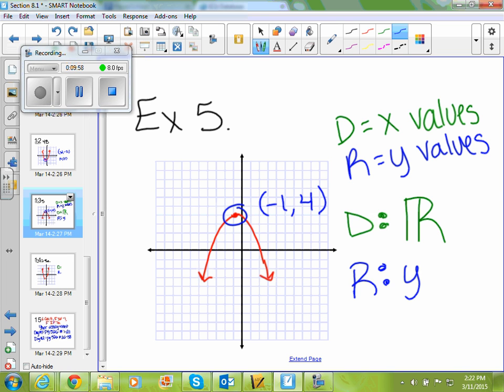Okay, and which one of those values is my y value? 4. Okay, now, is this opening up or down? Down, so it's a maximum. So what symbol do I use for maximum? Less than or equal to. So that's all we have to put for that.